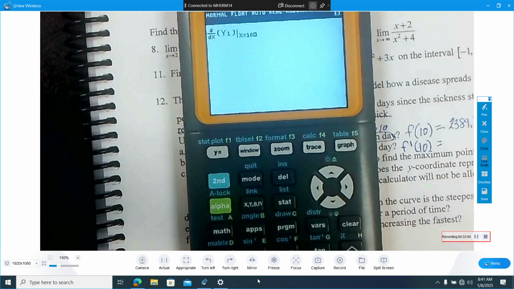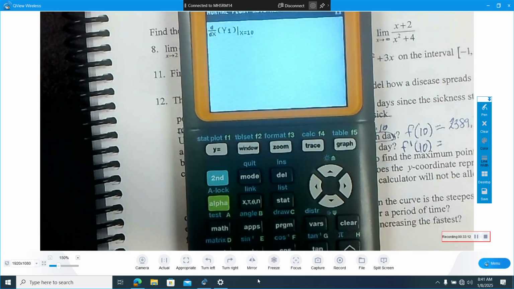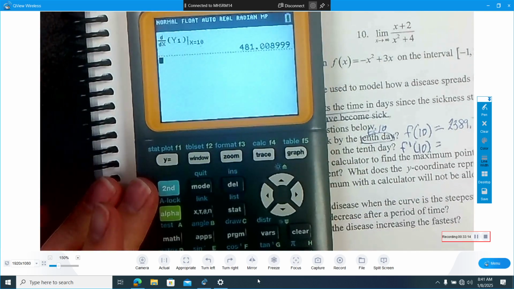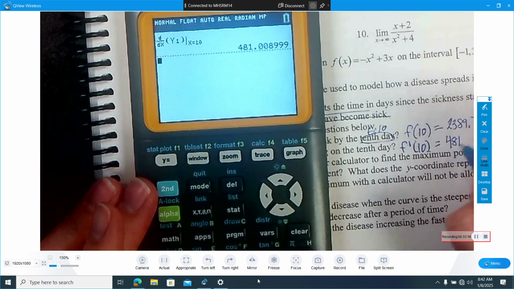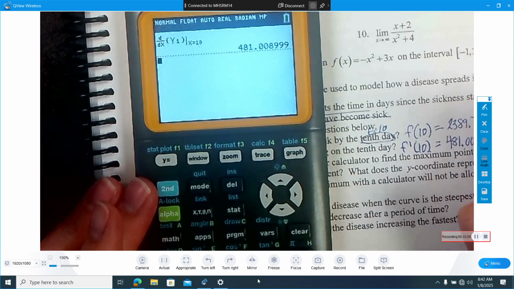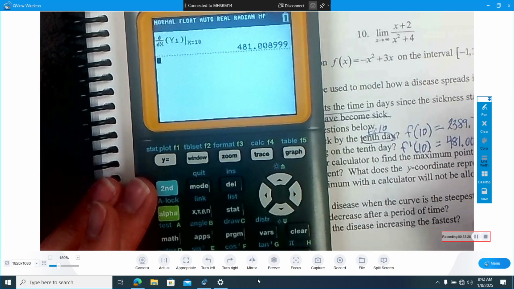And this is a required skill on the AP test. I guarantee you'll have to do it at least once, most likely twice. And we get 481.0089. And I would say infected per day.